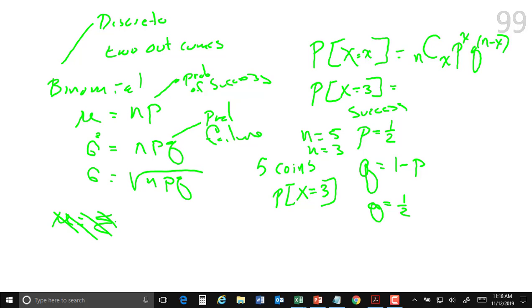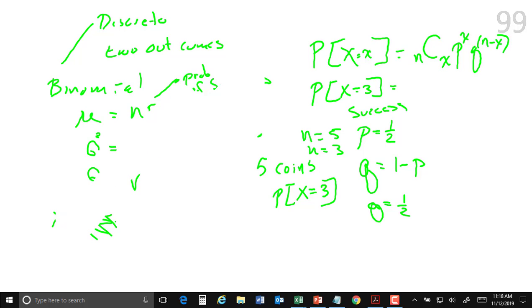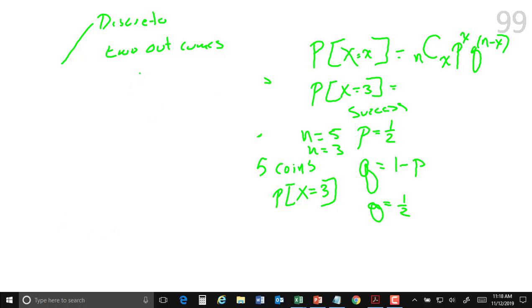Let's see if we can calculate it. This is how you calculate the binomial probability, and now we have a particular example.